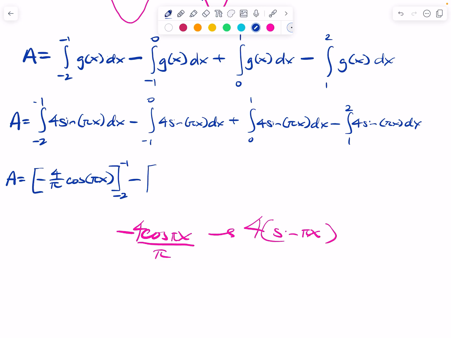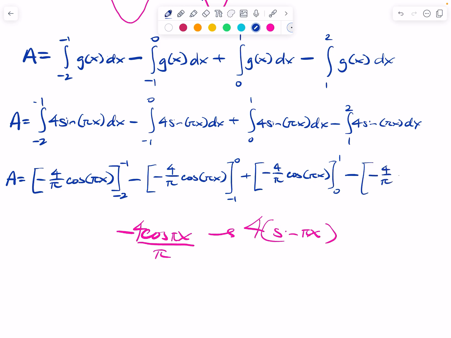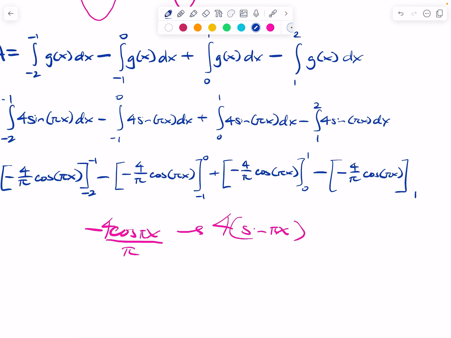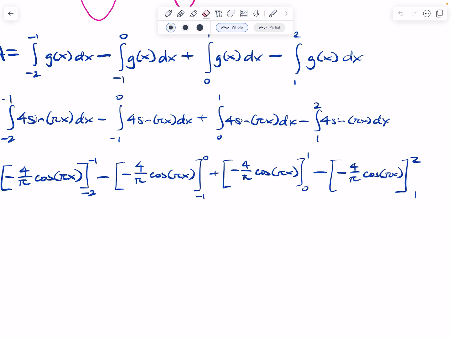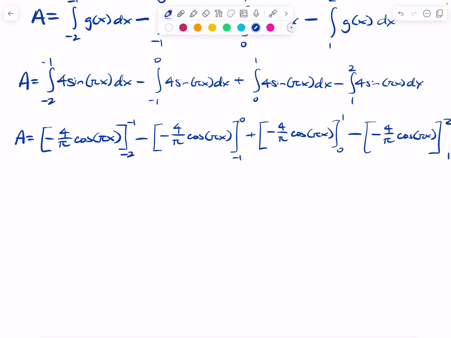And we subtract that same expression, 4 over pi cos of pi x, but from -1 to 0, adding that same expression, -4 over pi cos of pi x from 0 to 1, and subtracting that same expression, -4 over pi cos of pi x from 1 to 2. And now computing each of those, which might require multiple lines.